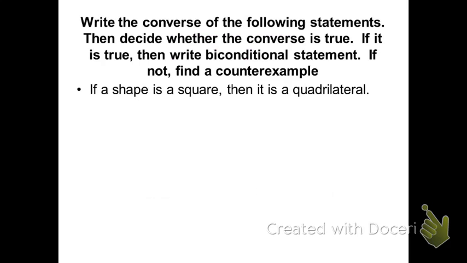Right here, let's practice writing the converse to the following statement. And then we'll look at if the converse is true. If it's true, we'll write a biconditional statement, and if not, we'll find a counterexample. So, the converse to this statement right here, if a shape is a square, then it's a quadrilateral, would be if a shape is a quadrilateral, so we'll write if quad, then a shape is a square.